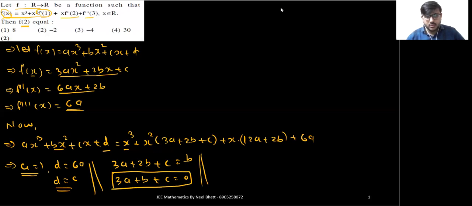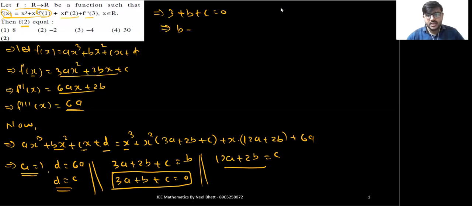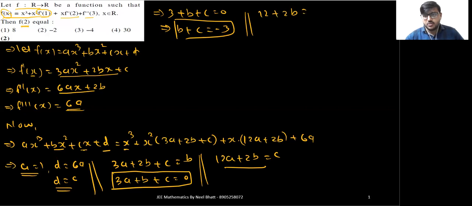And then if I compare the coefficient of x, it will be 12a plus 2b equals c. Now in both these equations, let's put the value of a. So we'll have 3 plus b plus c equals 0, so b plus c equals minus 3. And in the other, if I put a equals 1, then I'll get 12 plus 2b equals c.